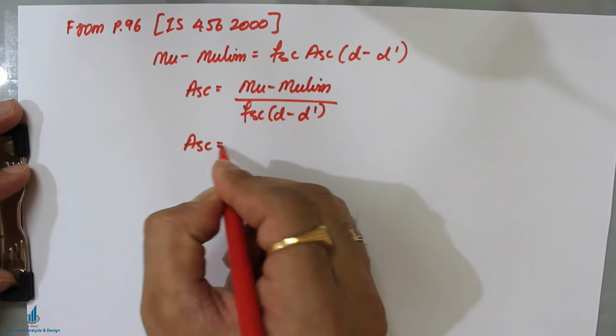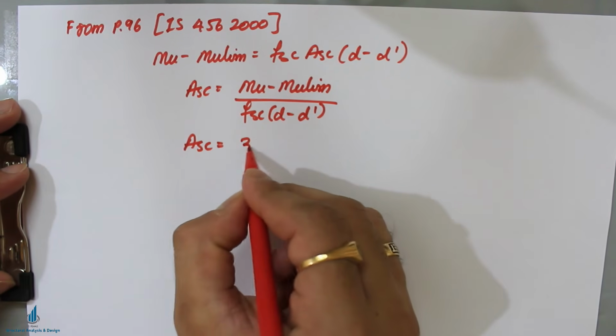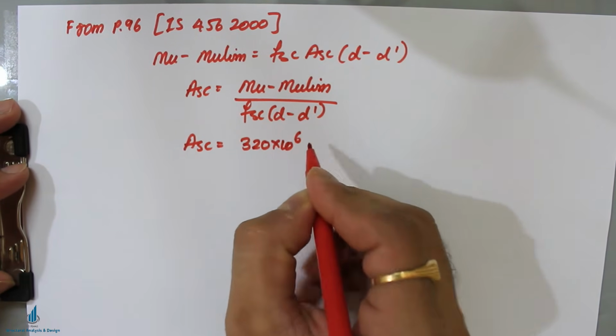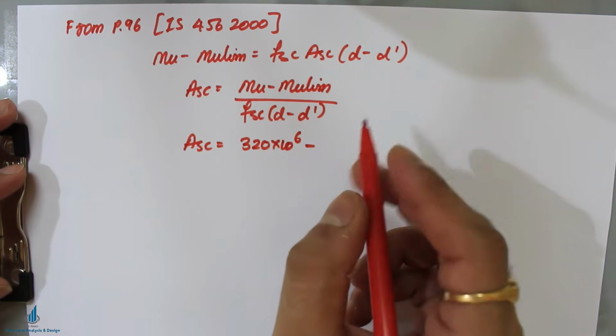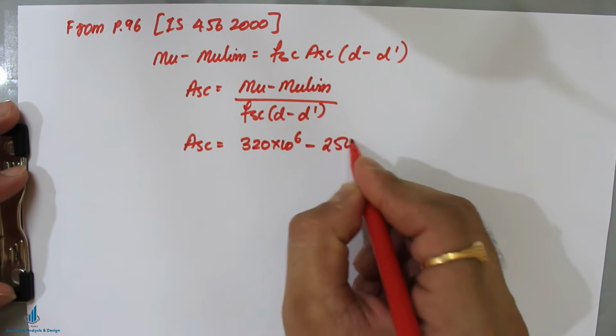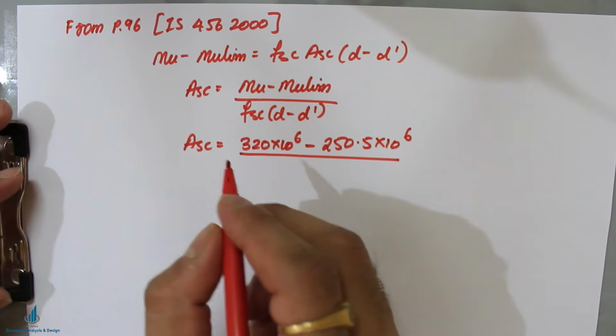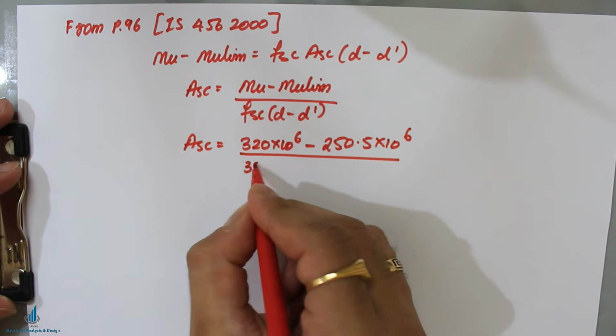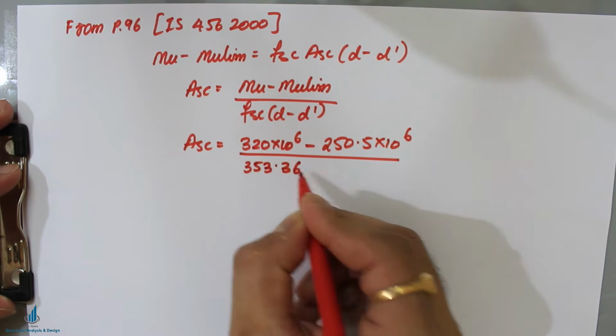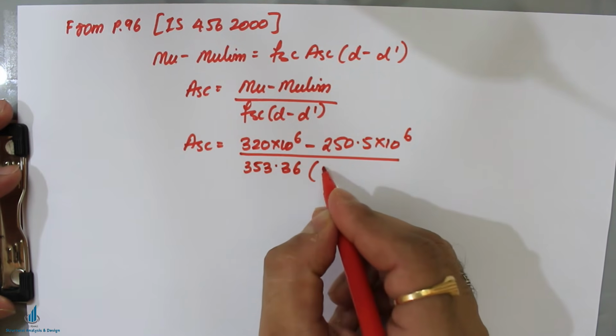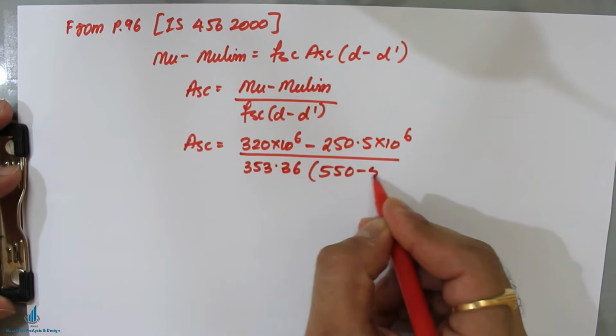So Asc equals Mu was 320 into 10 raised to 6 minus Mu limit was 250.5 into 10 raised to 6, divided by fsc value you got as 353.36 Newton per mm square, d is 550 minus d dash is 50.